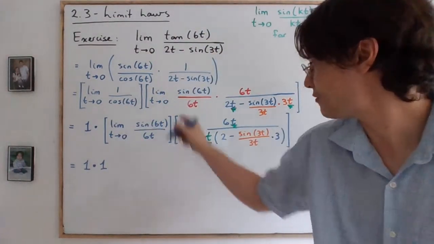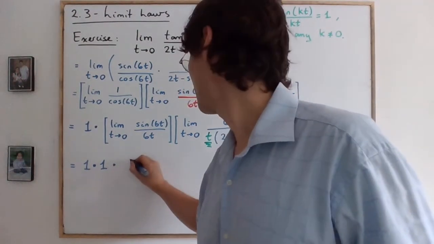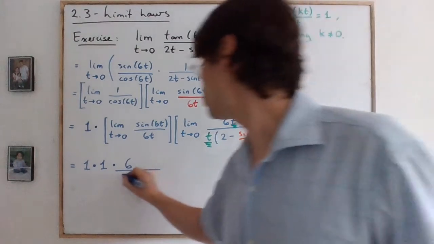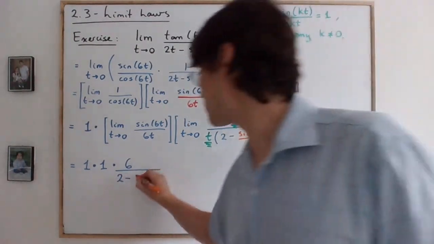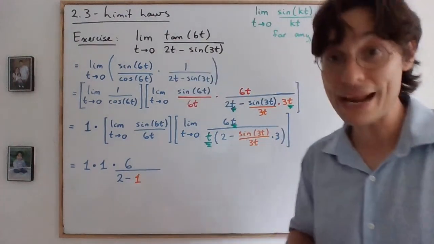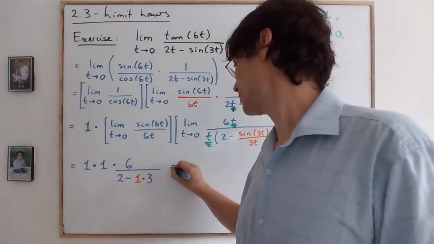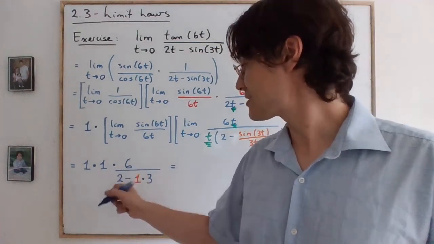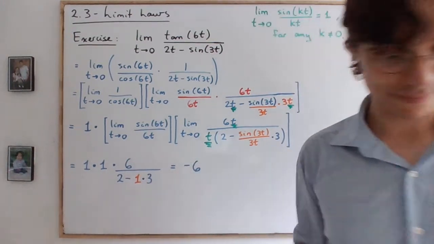Okay, so this limit over here, and this limit, we're going to do the direct substitution. So we have 6 divided by 2 minus, and then again, we know that this is approaching 1. So we write it now, times 3. And as you can see, 6 over negative 1 is negative 6. This is your final result.